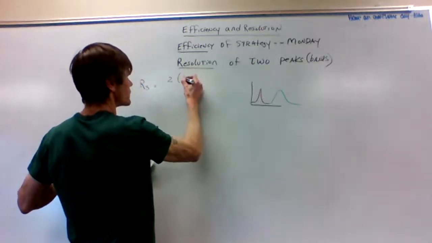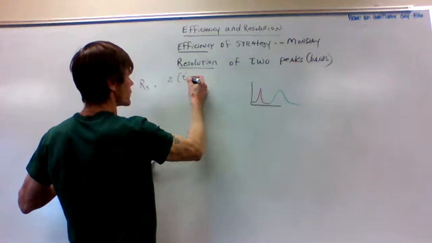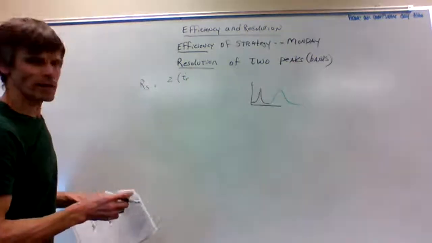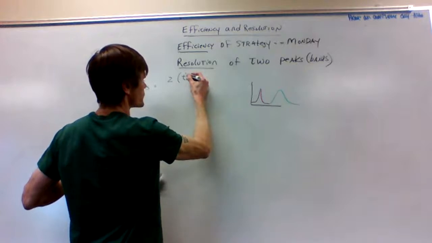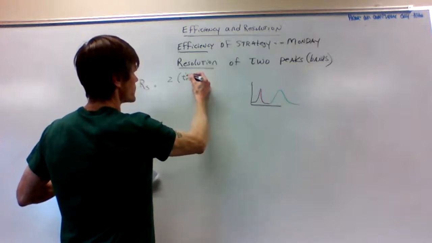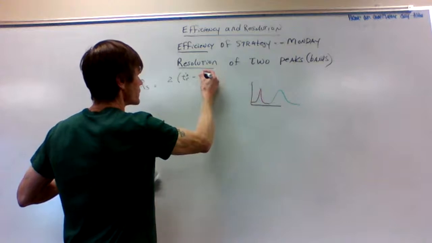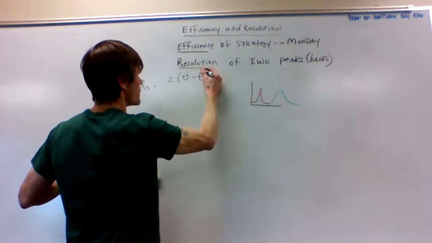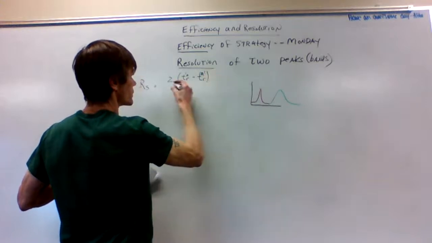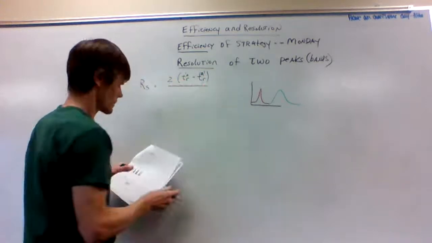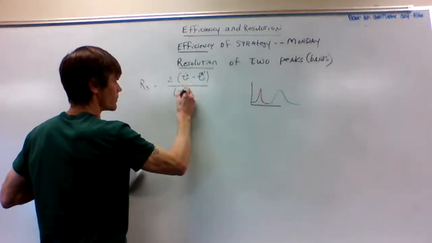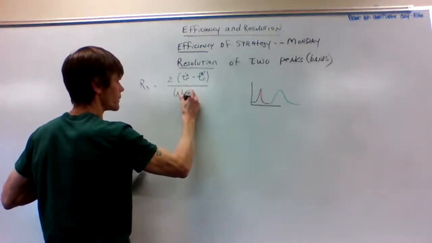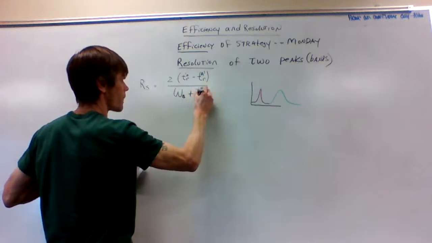the difference in the adjusted peak retention time of one component, and we'll just call this B, minus the adjusted retention time of another component, we'll call that A, divided by their baseline widths added.